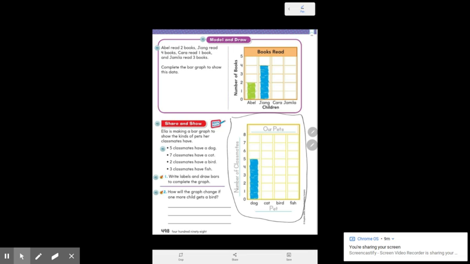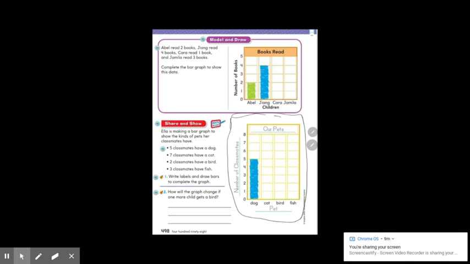And where the numbers are, she says number of classmates, because that's how many classmates chose any particular pet. On the bottom, it says dog, cat, bird, fish, and that is pet because it's representing the pet they chose. So you're going to create this part on a piece of paper.